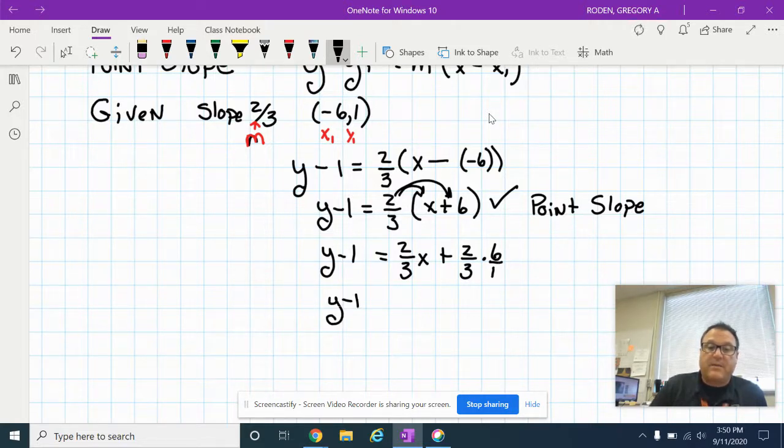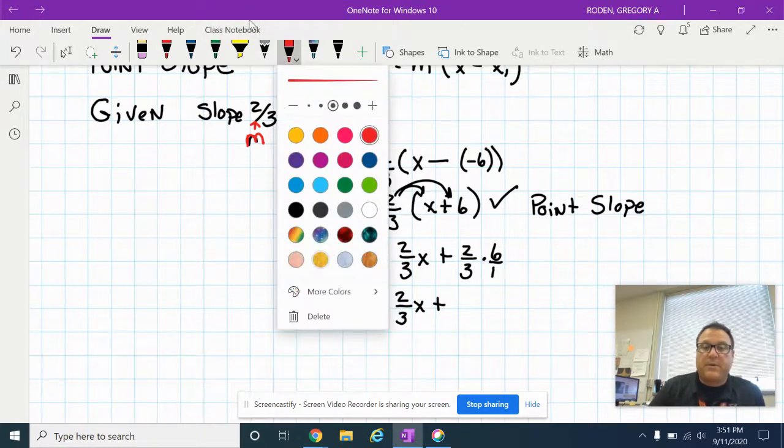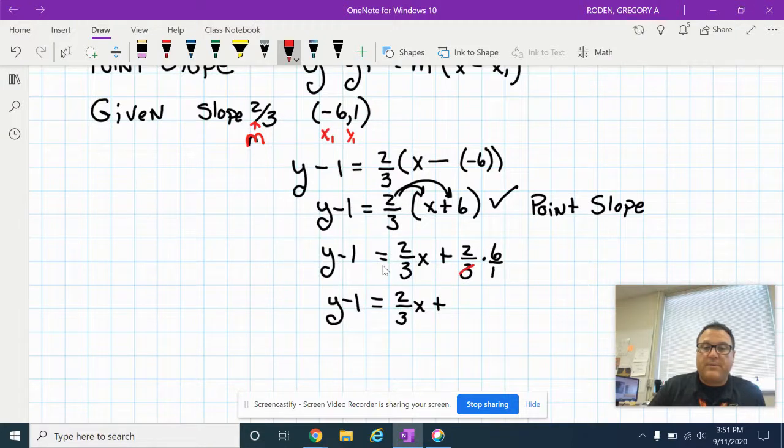So we have y minus 1 equals 2/3 x. Now I like to simplify first. So I know that 3 goes into itself once and 3 goes into 6 2 times. Now I can multiply straight across, and I get 2 times 2 is 4. 1 times 1 is 1. I don't need to write it.